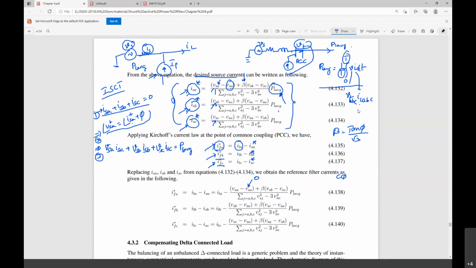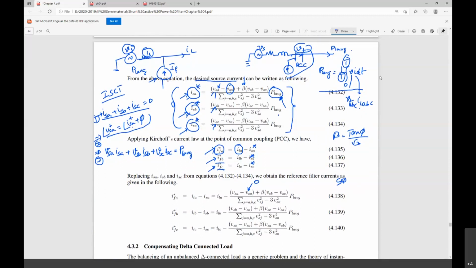on the source side, if the desired power factor is unity, then phi becomes 0, and then beta becomes 0.